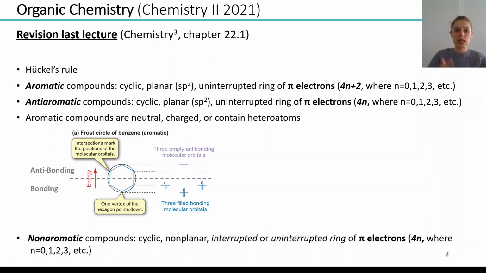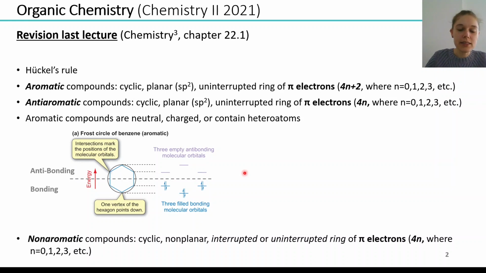Then we draw a line through the midpoint of this hexagon, and we describe all orbitals which are below this line as bonding molecular orbitals, and all orbitals which are above this line are described as anti-bonding molecular orbitals. And then in the last step, we fill up the molecular orbitals with the number of pi electrons, and we know that for benzene we have 6 pi electrons, so we fill up each molecular orbital with 2 electrons, whereby the orientation of both electrons has to be in the opposite direction.